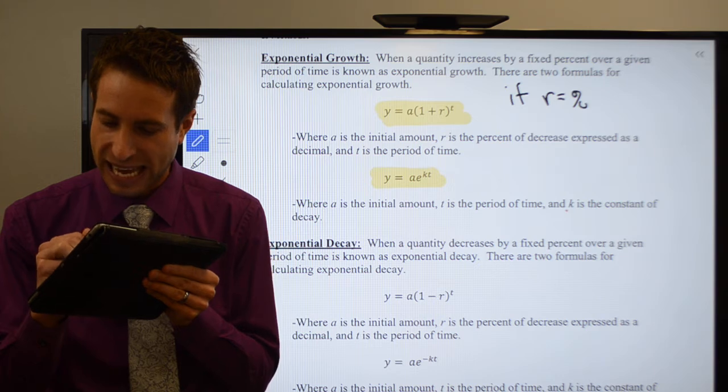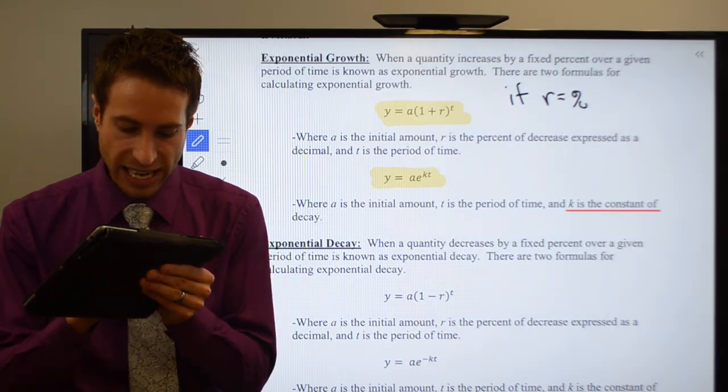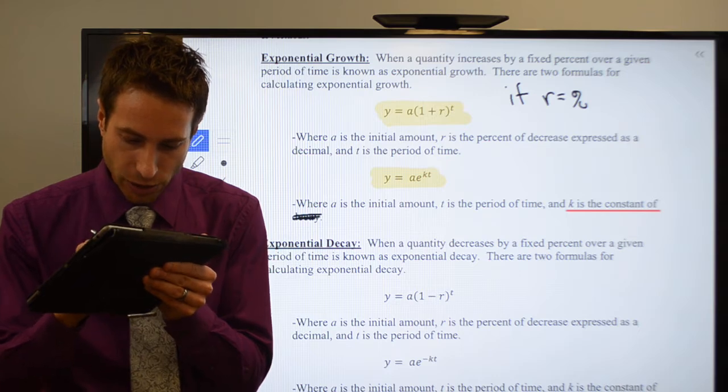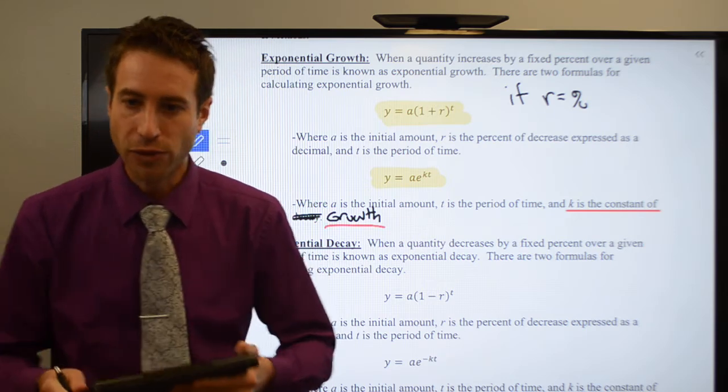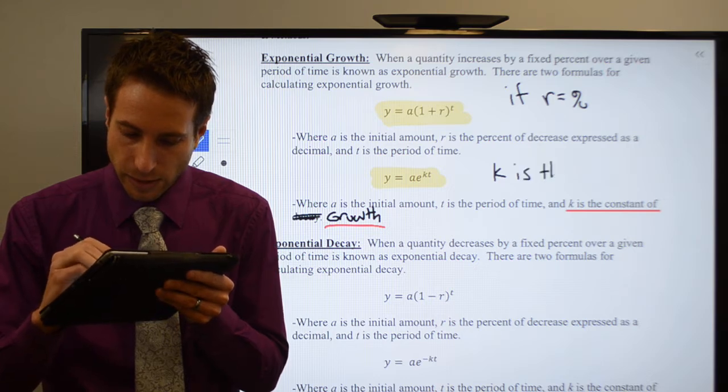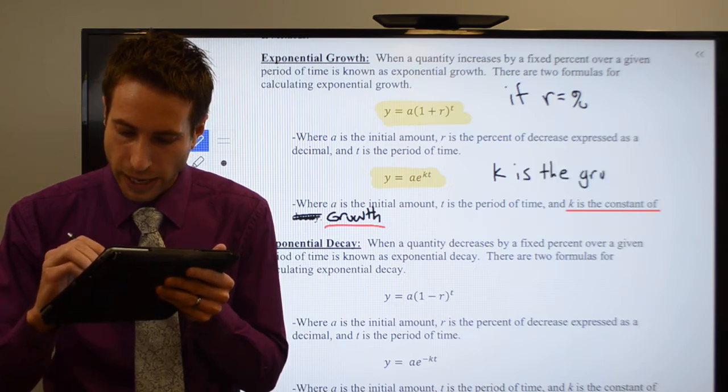Keep in mind here that k is a constant. It is the constant of growth. I apologize, that was a typo. Here is what this means: k is the growth rate.